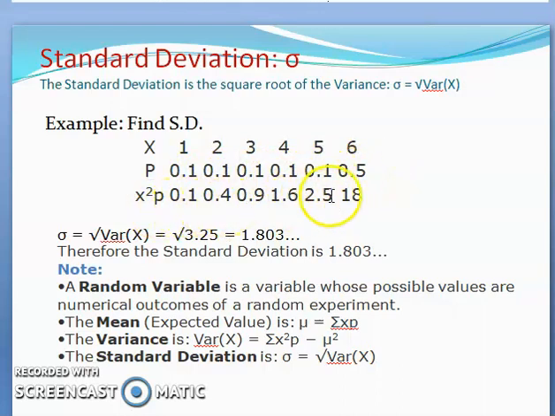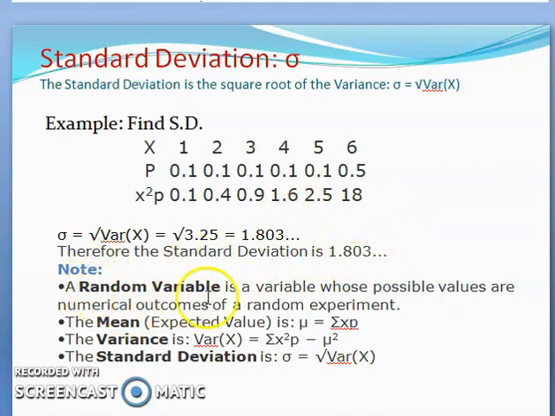X squared p is this one. So the standard deviation equals the square root of variance, that is the square root of 3.25, which is approximately 1.803. So this is the standard deviation.